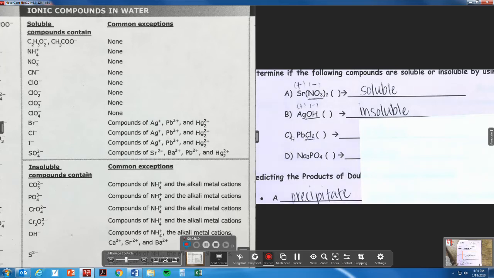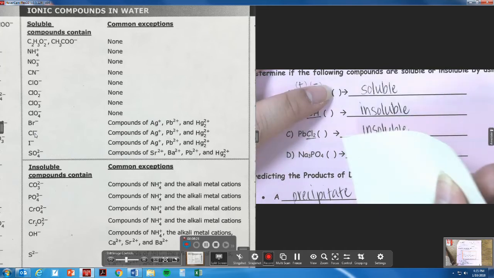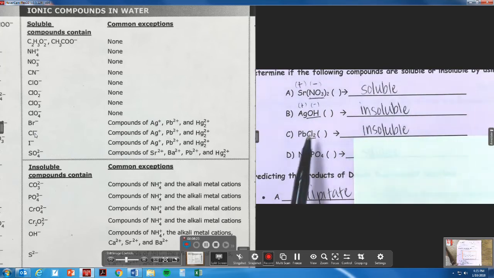It is. Lead is actually an exception. That would mean chlorine is no longer soluble, but insoluble, all because we had that exception. Just because lead was attached to chlorine, it would make this compound insoluble.